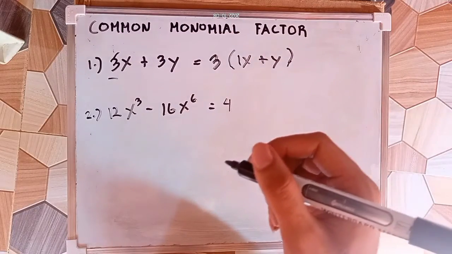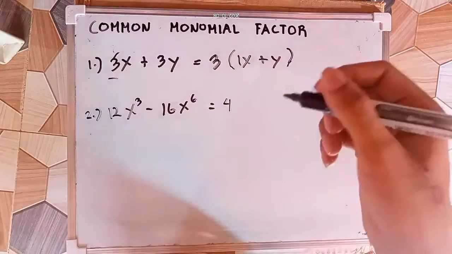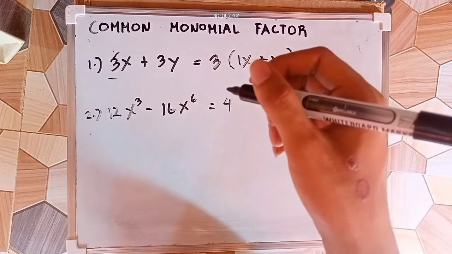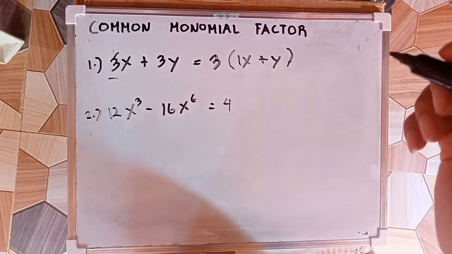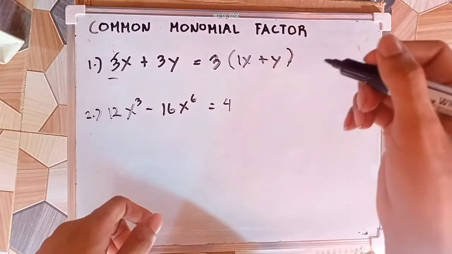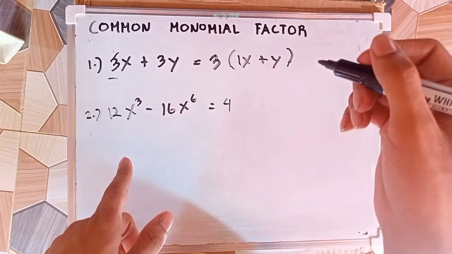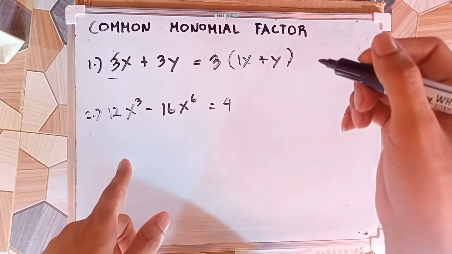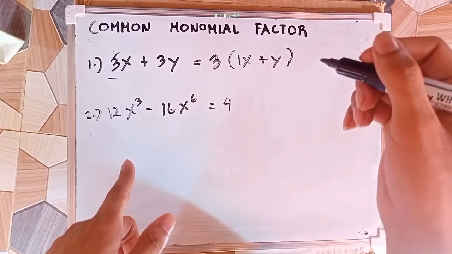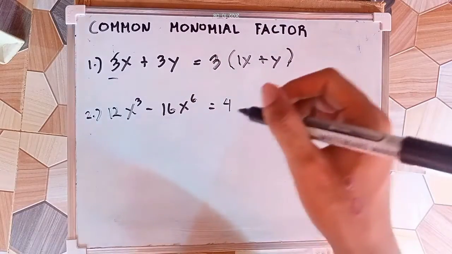Next, their variable. It has the same variable. So what is their GCF? In a variable, the GCF will be the least common exponent. So where is the least exponent between the second term and the first term?